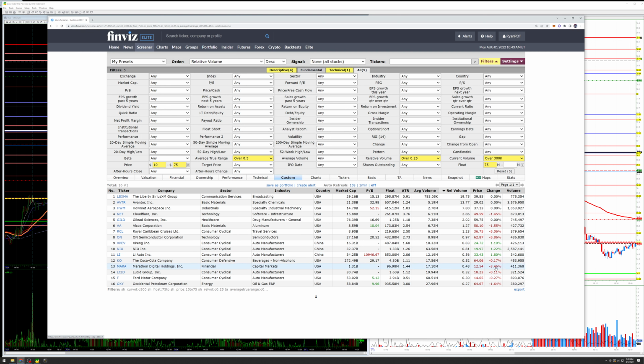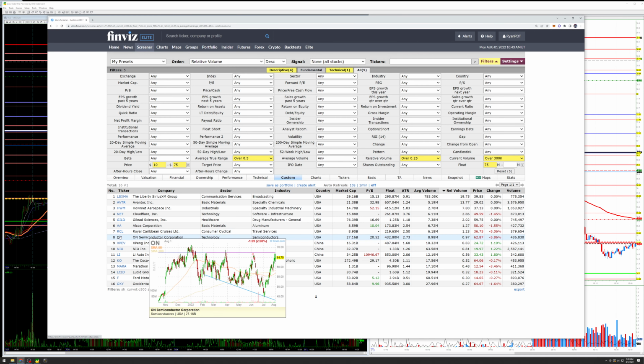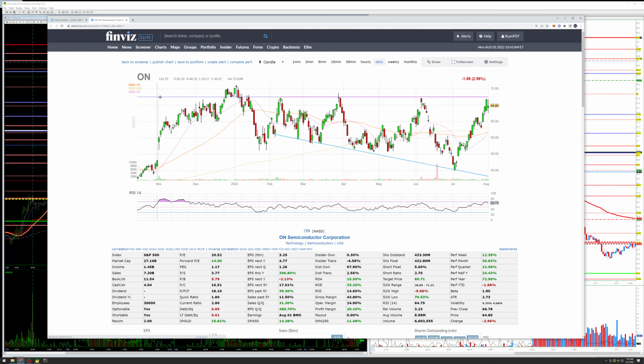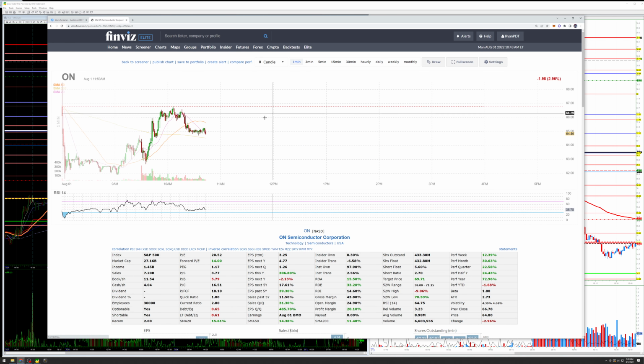So this one's good, this is MARA. MARA is actually also good, but only 0.58, because it's above 3%. Nothing else is above 3%, only RCL and ON. I don't know what ON is, it's probably a semiconductor stock. Let's see how it performed. This could have been a nice one as well.